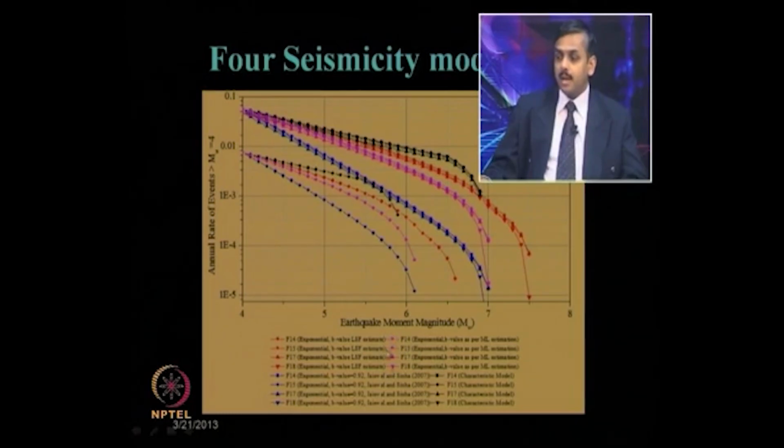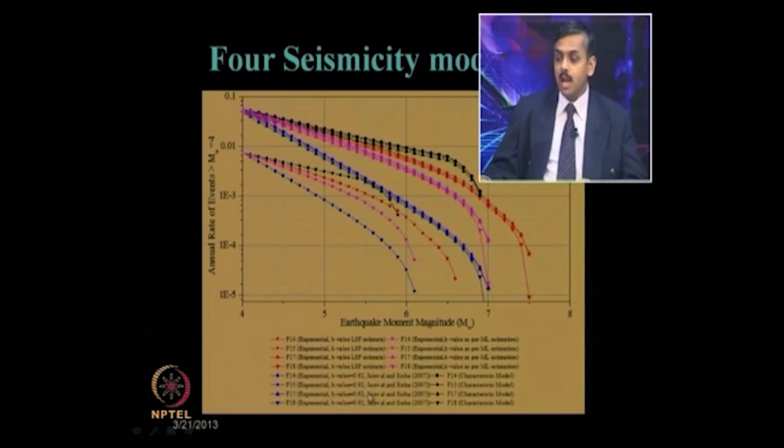These pink colors are showing the exponential model with B value as per ML estimation, that is maximum likelihood estimation. These blue colors are showing the exponential model using the B value of 0.92 for peninsular India as proposed by Jaiswal and Sinha in 2007.